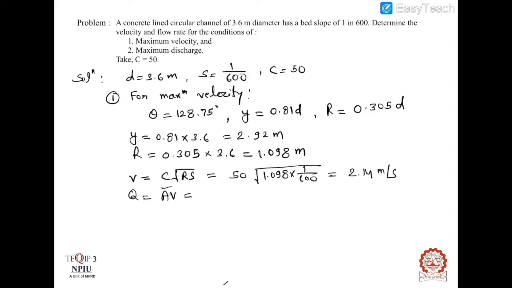How to find area? The formula of area of flow for circular channel is R square into theta minus sine 2 theta divided by 2. Now put the value of R. R is half of diameter, that is 1.8.